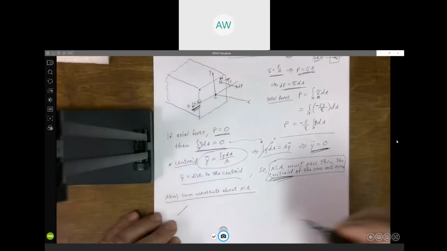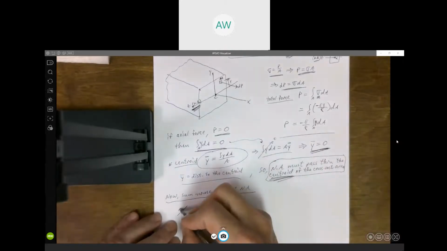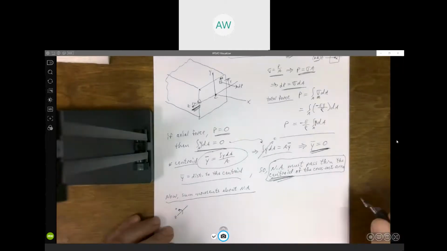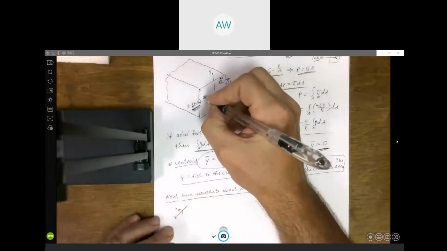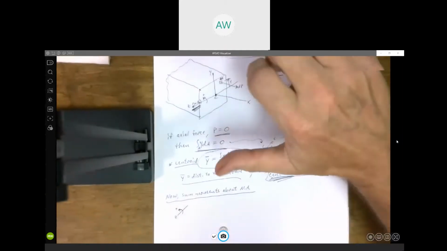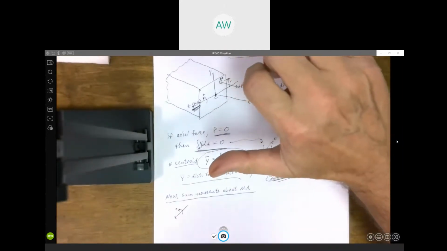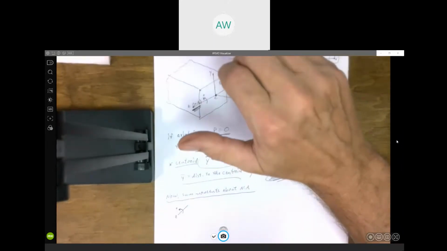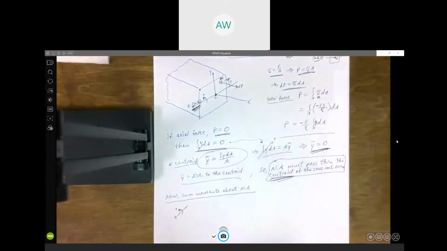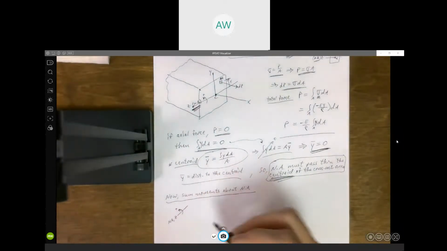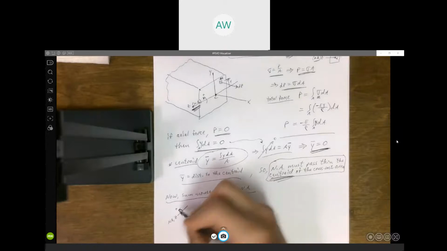If we go with the right-hand rule, if this is our z-axis, a positive moment would be in that direction. I have my right thumb in the positive z direction, and the direction my fingers curl is defined to be the positive moment.